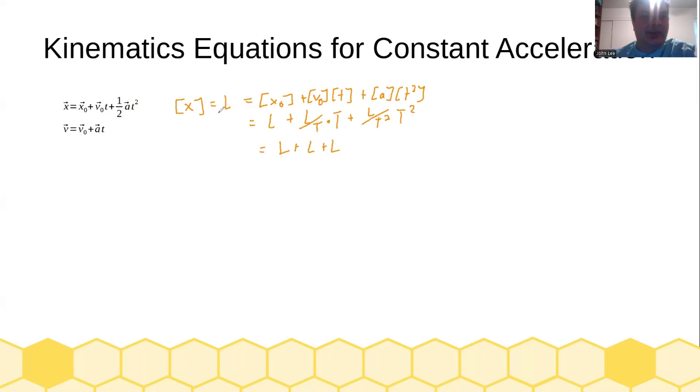We're looking for position, and on the right-hand side of our equation, all of the units that we're adding up are equal to length.